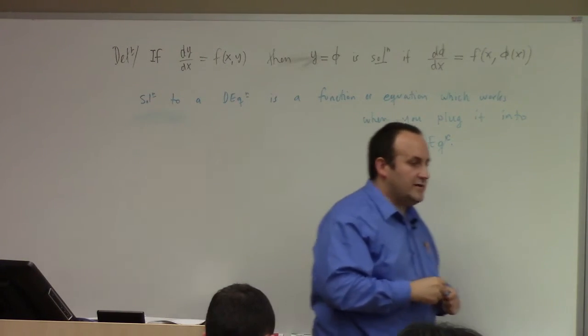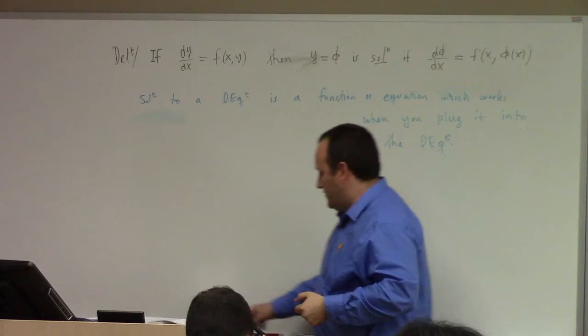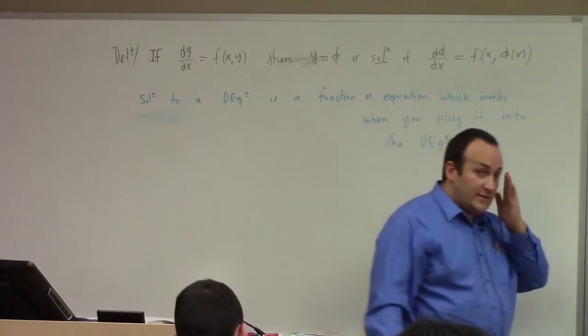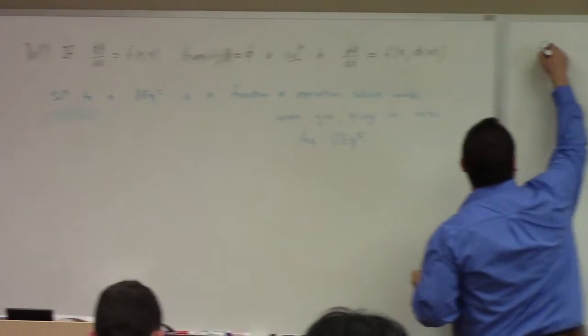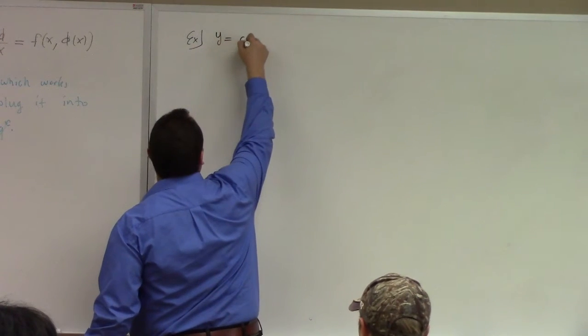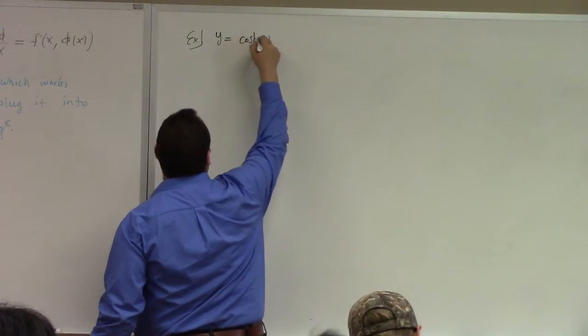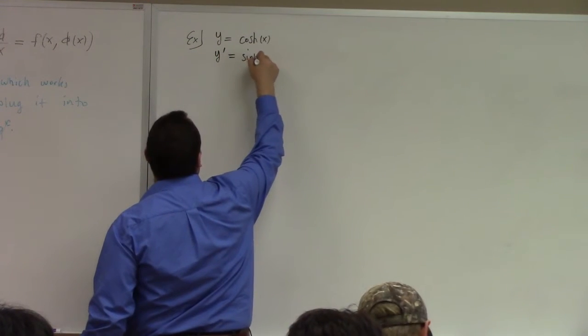Now, I can ask you questions. In fact, you may have already had questions in the homework from the previous. Every so often there's a homework question like, show this or that is a solution to a differential equation. So here, I won't teach you how to solve these, but this is an example. If we look at y equals cosh x, for example, then y prime is sinh x, right?